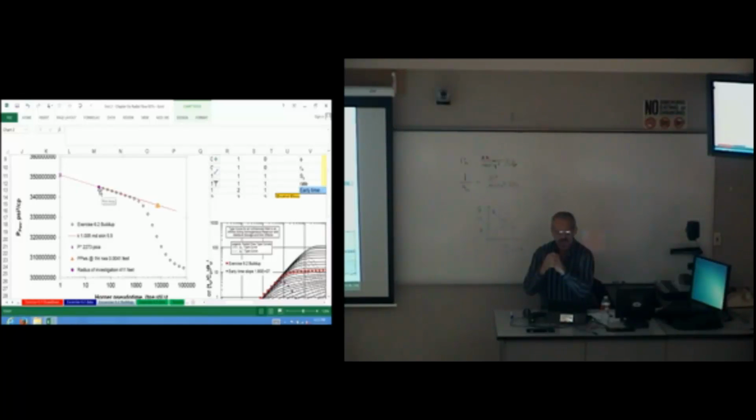I think that we do not have, and the textbook does not tell whether we should use actual time or pseudo time when we plug it into our radius of investigation. We should use pseudo time.